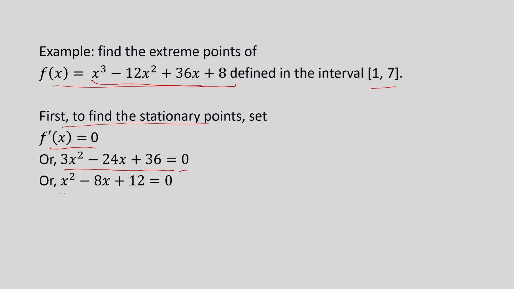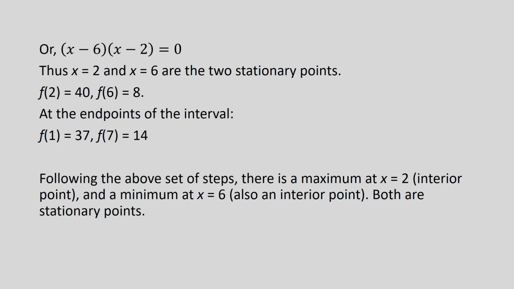This simplifies to x square minus 8x plus 12 equal to 0, as I have divided both sides by 3. And this basically boils down to, skipping some steps, x minus 6 multiplied by x minus 2 equal to 0.